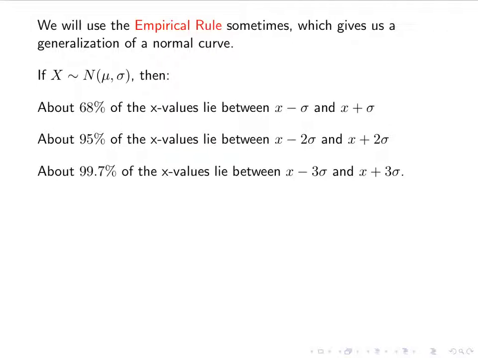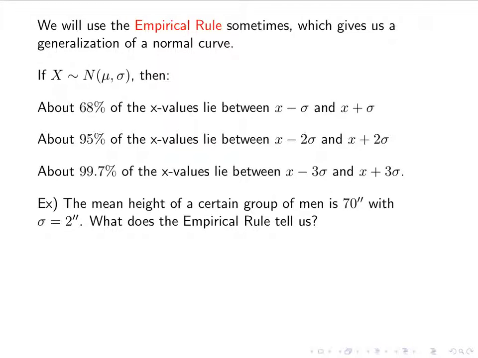It says about 68% of the x values lie within one standard deviation, which means between mu minus sigma and mu plus sigma. It says that 95% of the x values lie within 2 standard deviations, which is mu minus 2 sigma and mu plus 2 sigma. And then lastly, it says that about 99.7%, which is almost all of them, lie within 3 standard deviations, so between mu minus 3 sigma and mu plus 3 sigma.